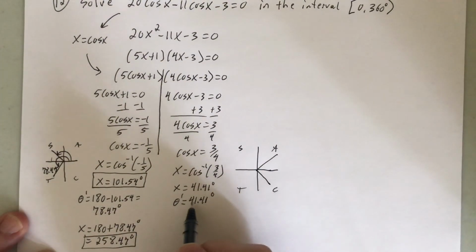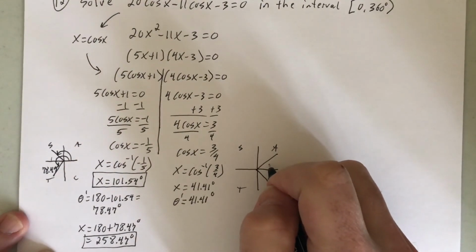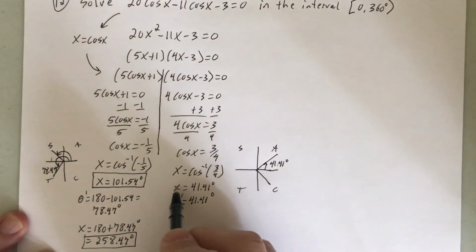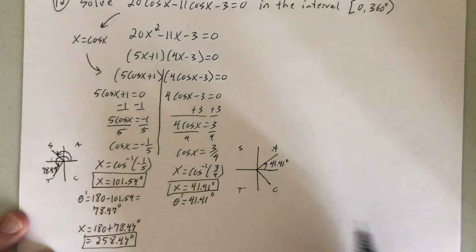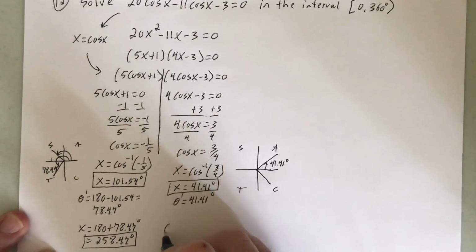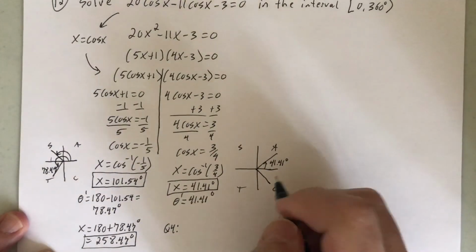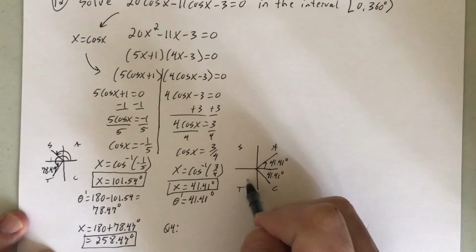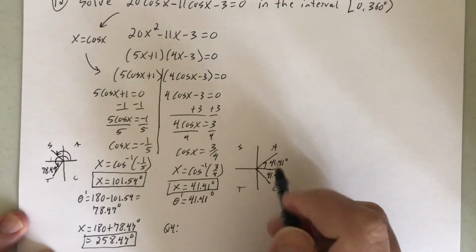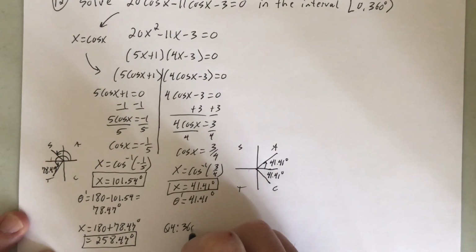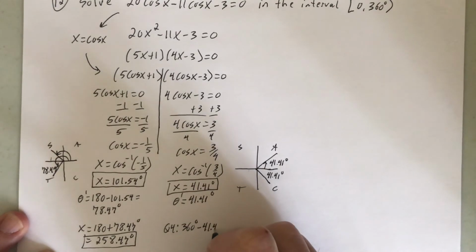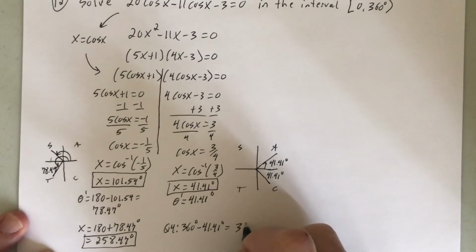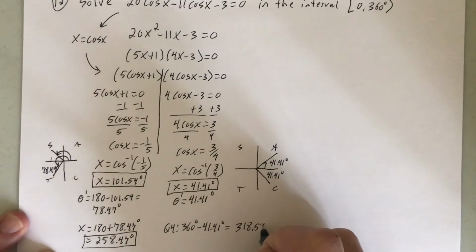Well, this already gave me the quadrant 1 answer. This is 41.41 degrees. So I already have my Q1 angle. To get my Q4, that piece right here is 41.41, my reference angle. So it's going to be 360 minus the reference angle. So that's going to be 360 minus 41.41 degrees, and that is going to equal 318.59 degrees.